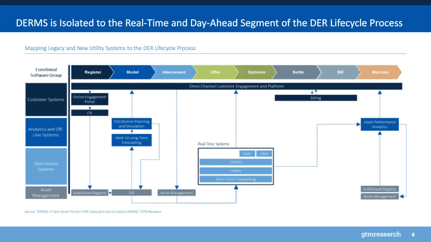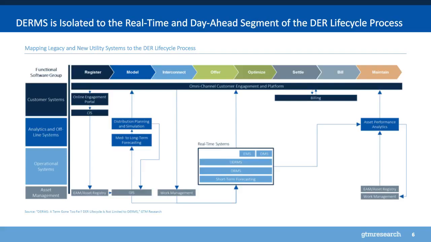You have the operations area, the green space in the middle, which involves price signals and actual optimization and usage. And then finally, you have the post-event or long-term maintenance side, with settlement, billing, and maintenance. When we talk about distributed energy resource management and those software suites, we're really talking about the real-time systems involved.